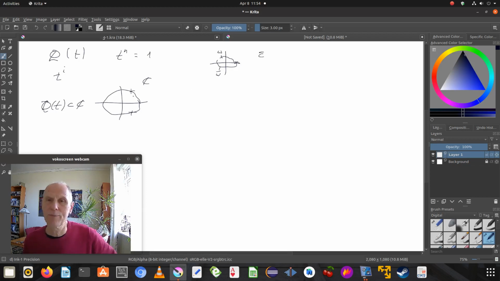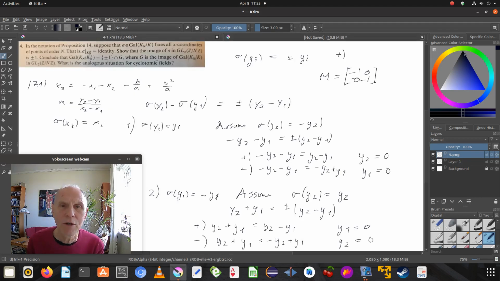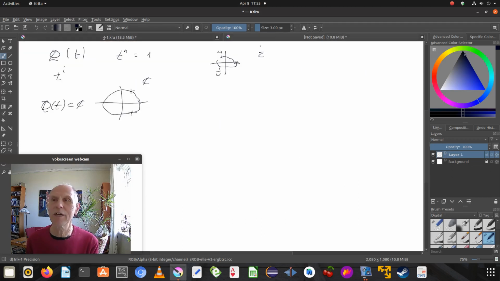So mirroring of the second coordinates, that's the complex conjugation, which we always have. So the situation is the same. What is the analogous situation for cyclotomic fields? Yeah, I think the answer is that's complex conjugation.